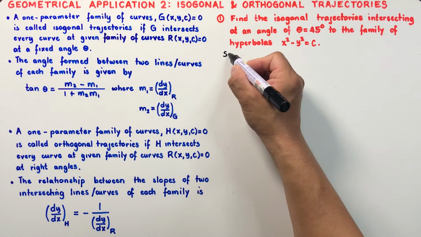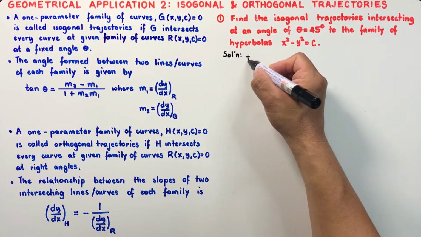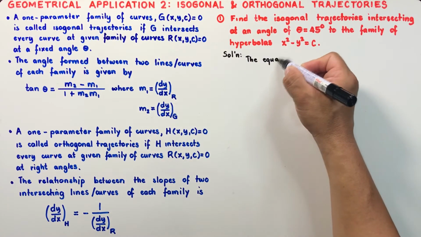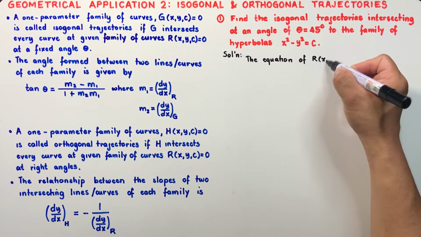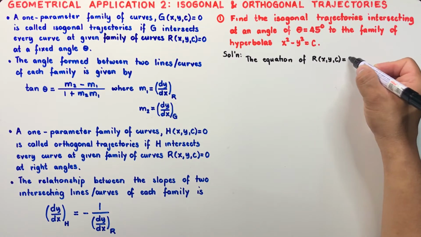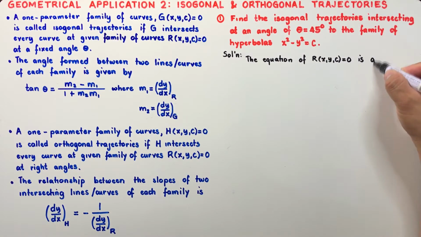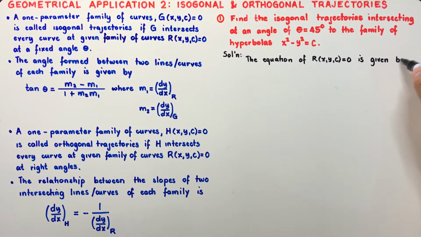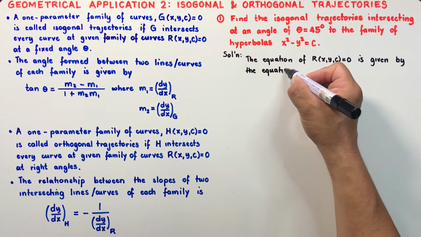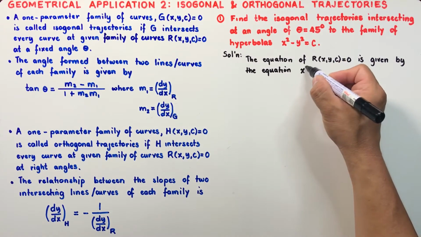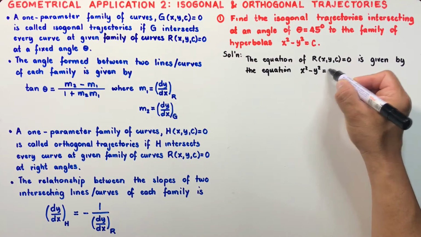To solve this, we are given that the equation of the family of curves r(x, y, z) = 0 is x squared minus y squared equals c.